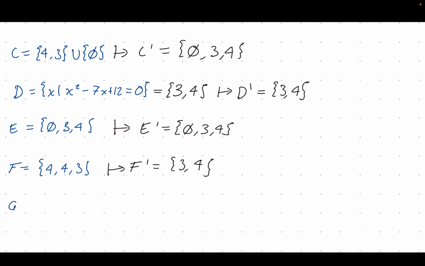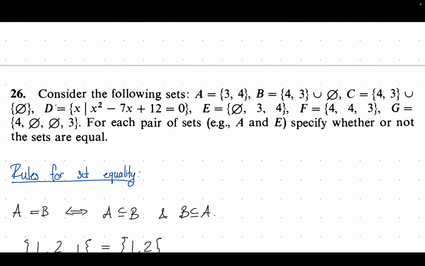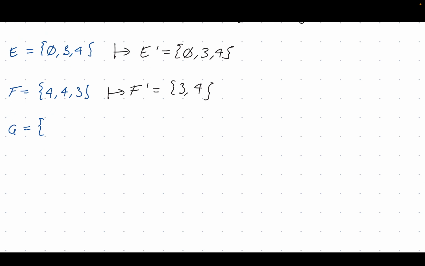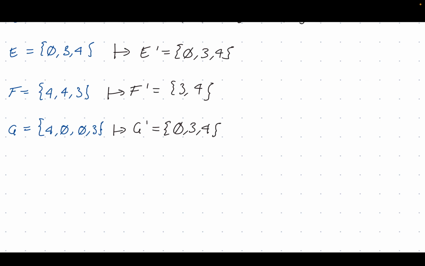And finally, G is {4, empty set, 3}, which we're going to map to G prime. So we have two empty sets. We're going to take one out, and then move things to put it all in order. So we have {empty set, 3, 4}.